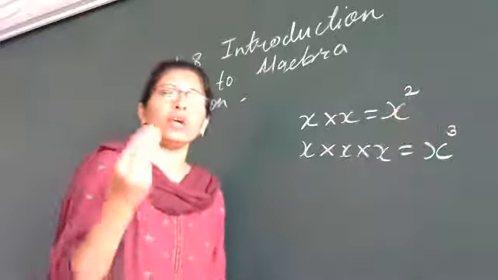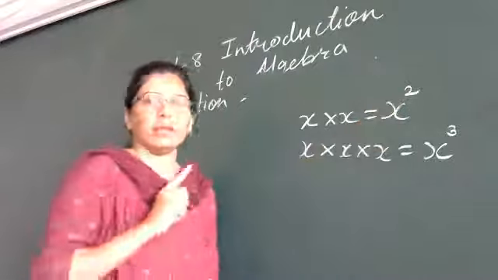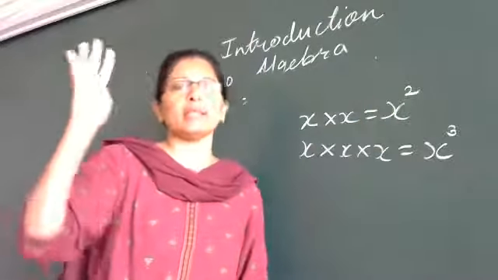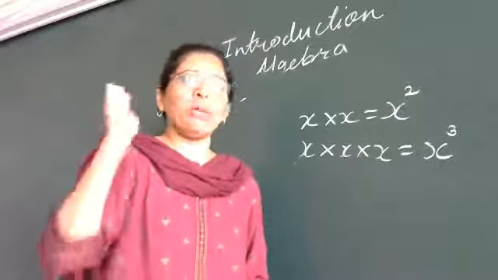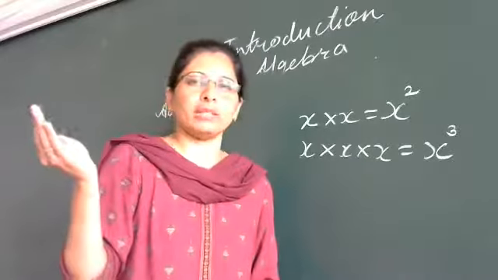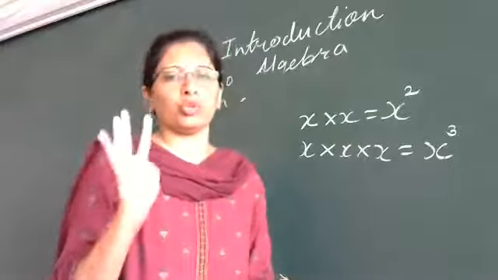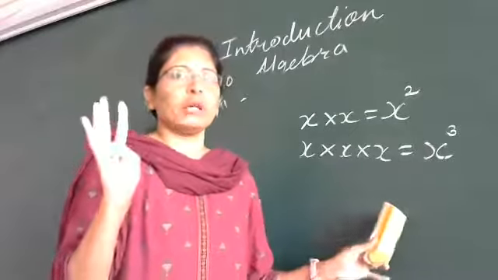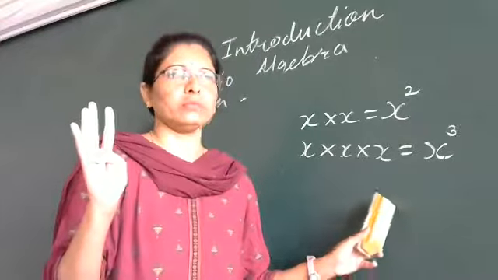For 3, we have to say cube. For 2, we have to say square. Rest on 4, 5, 6 and all, we have to say power of 4, power of 5, power of 6, like that. Understood? Powers in variables? Yes, ma'am.